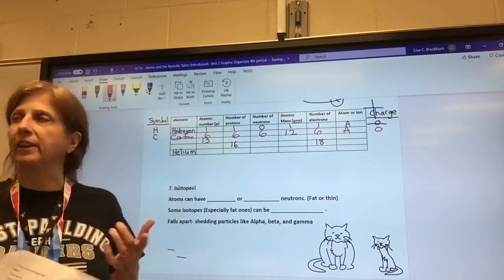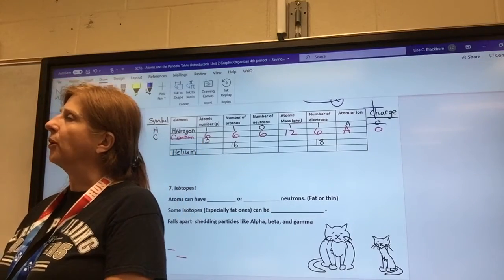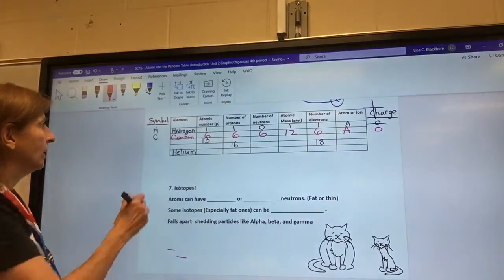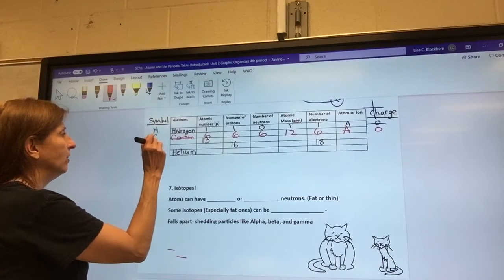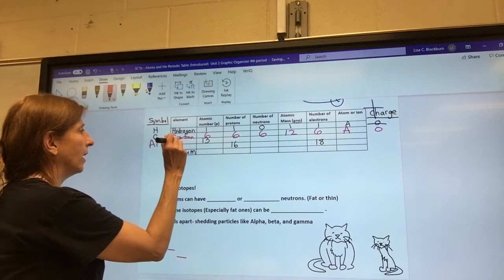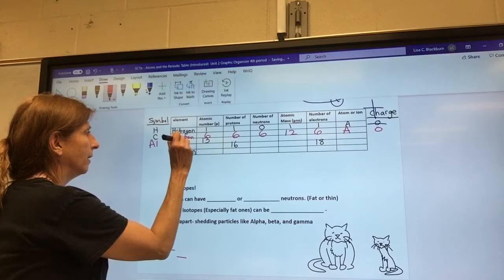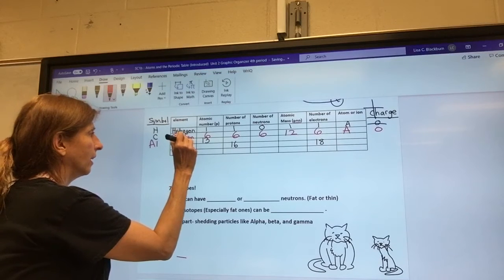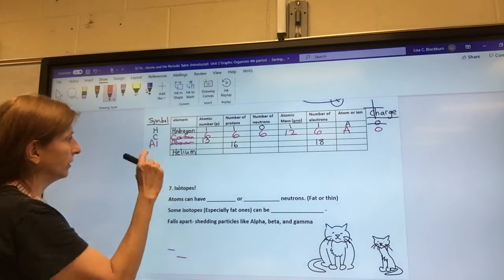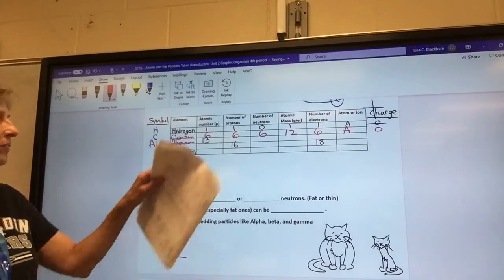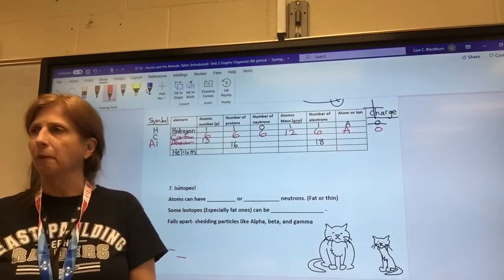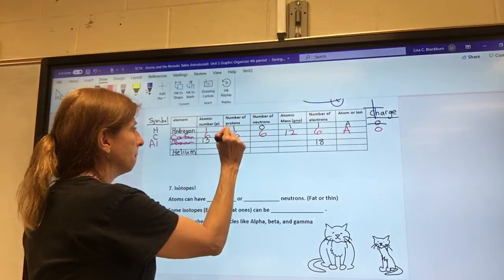It's number 13. Which element is number 13? Aluminum. So the symbol is Al. The name is aluminum. That's kind of messy, but you can sort of read it. Aluminum. What's the number of protons? 13.